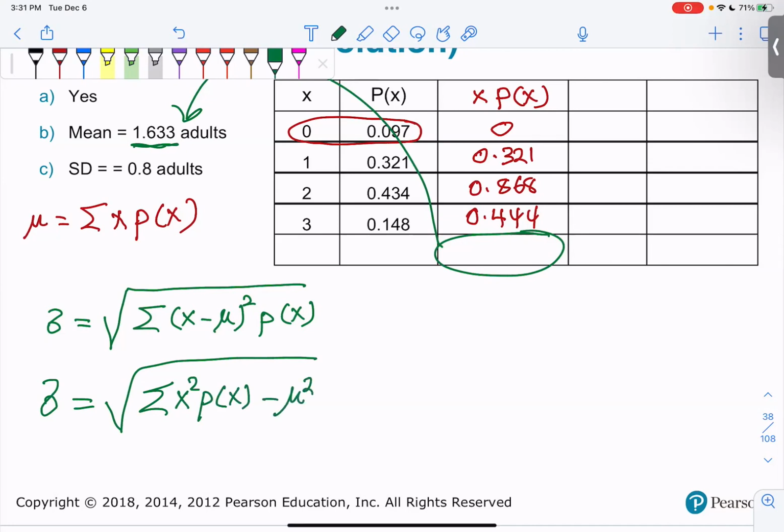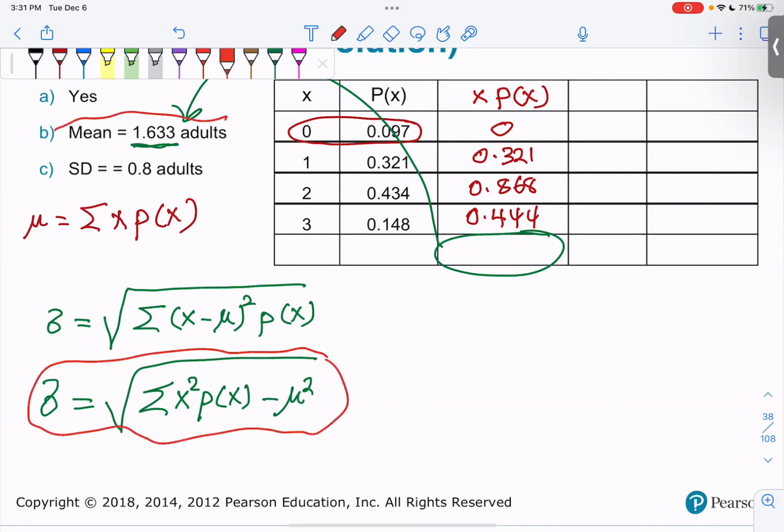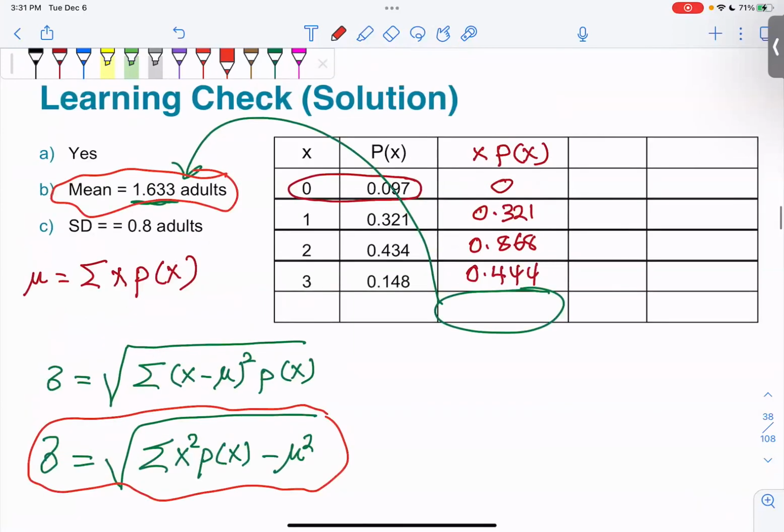In this example, it's easier to use the second formula because of this value. Okay, so what we have to do is find x squared, and then find x squared times the probability of x. So x squared will be 0, 1, 4, 9, right?